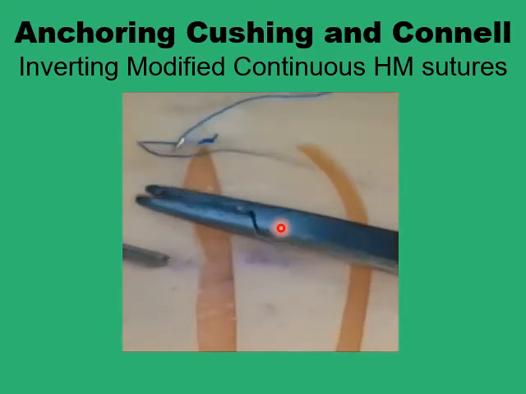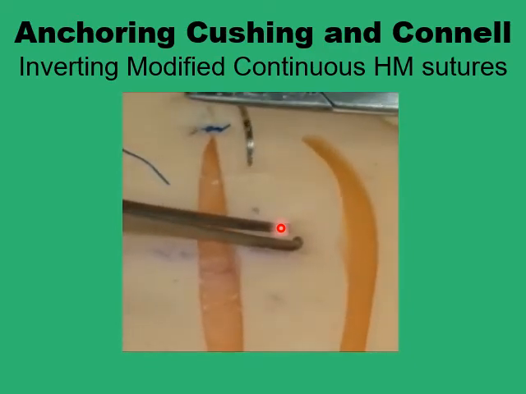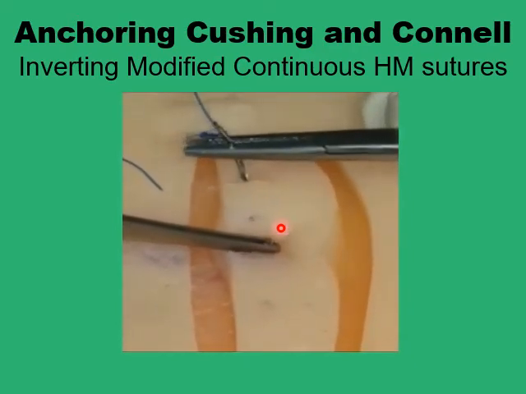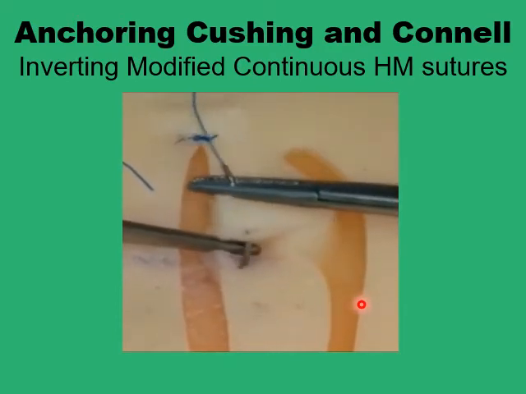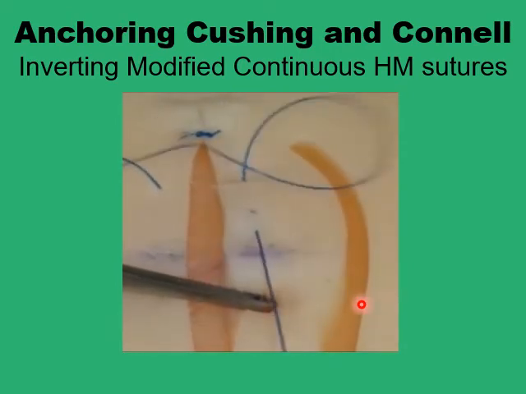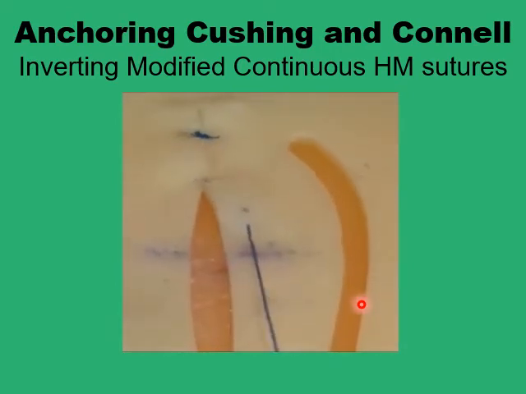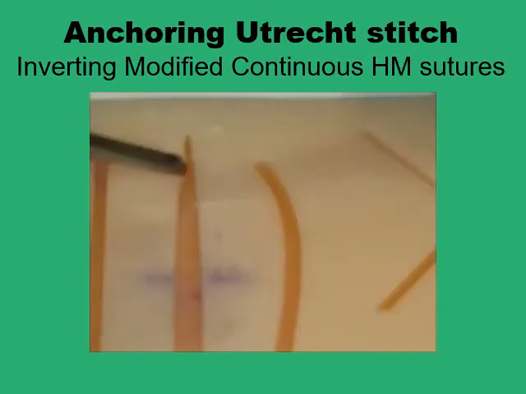So you have one bite on this surface, cross and go to the other surface and repeat. And now you have the loop of the sutures on the surface going perpendicular to the wound, and this is going to cause inversion of the wound edge.